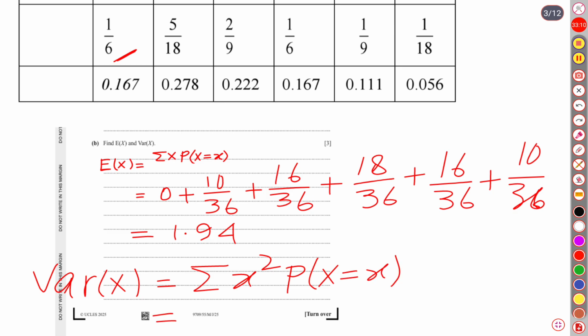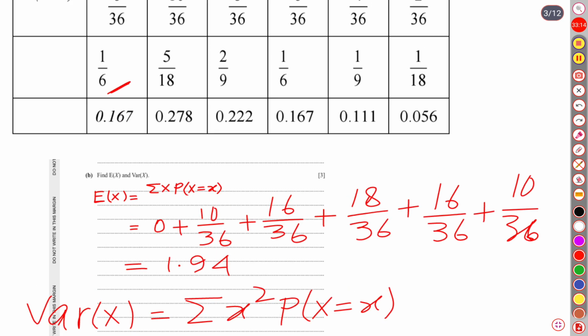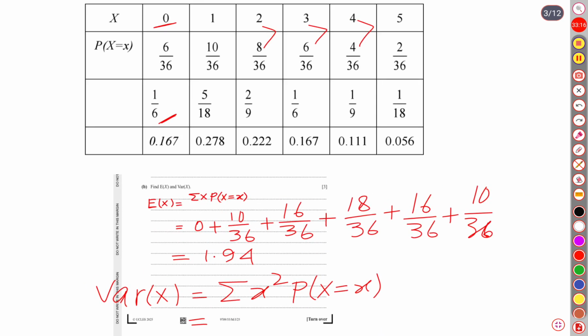Instead of X, we will use the square. The first one is 0 as usual, and the second one is 1 squared, so 10 over 36.